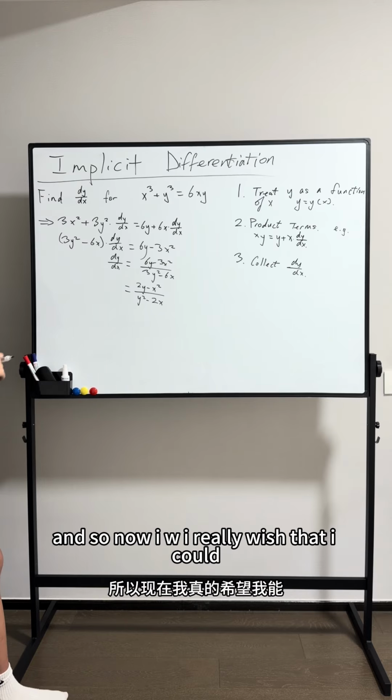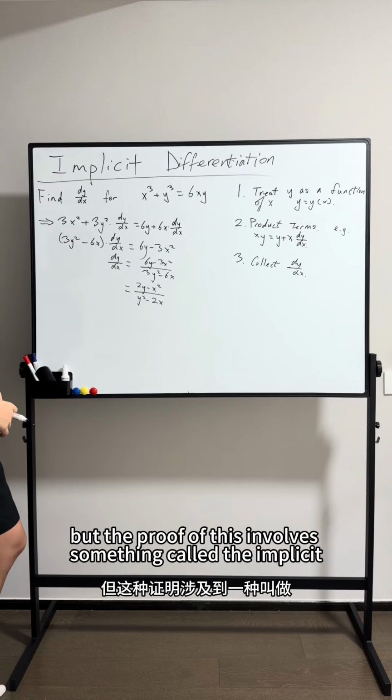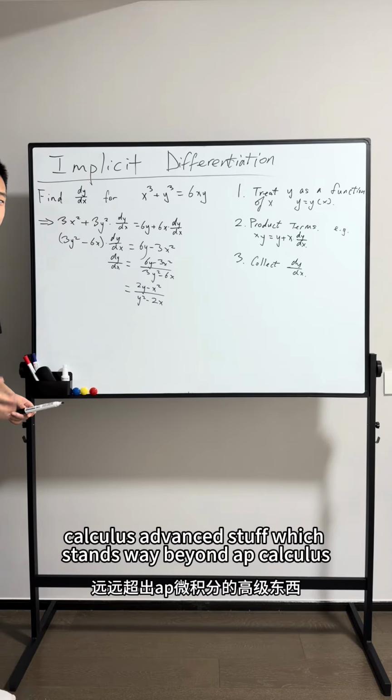Now I really wish that I could prove implicit differentiation, but the proof involves something called the implicit function theorem, which is multivariable calculus, advanced stuff that stands way beyond AP calculus.